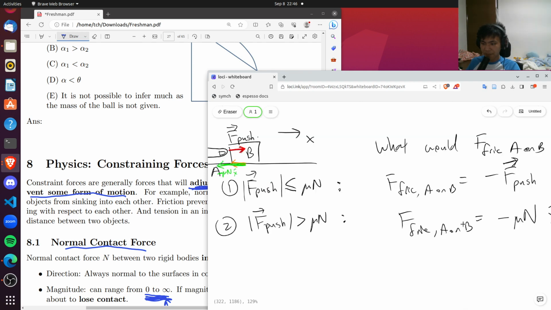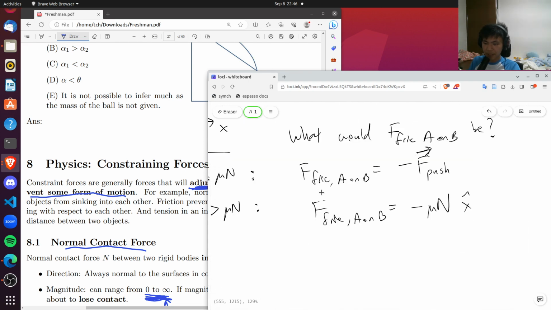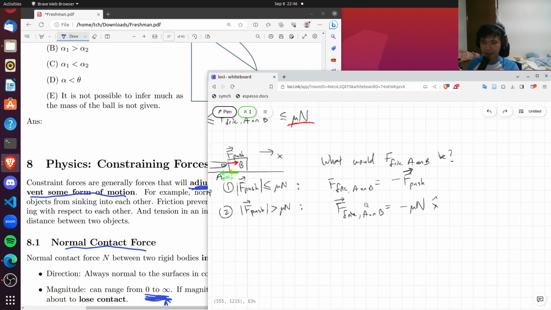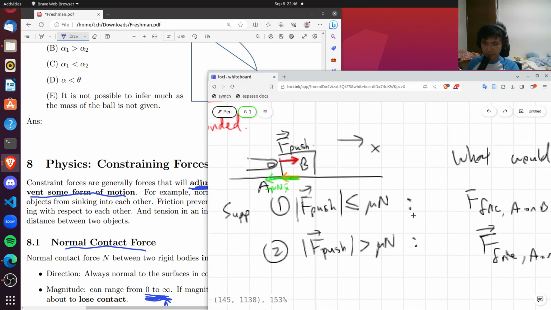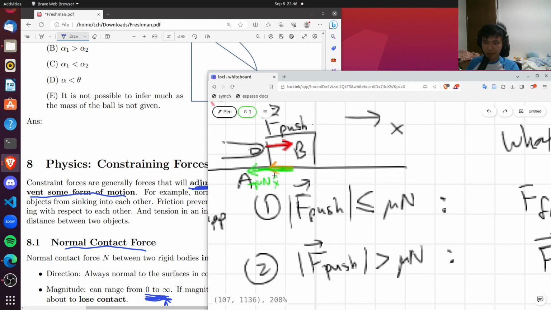Friction, being a force, is a vector, and the vector has this magnitude, and the direction is negative x hat. That means it's going to the left, which is what the green vector is showing.